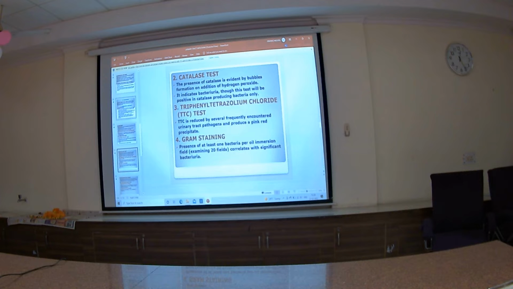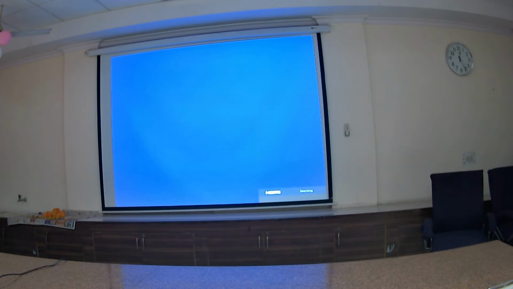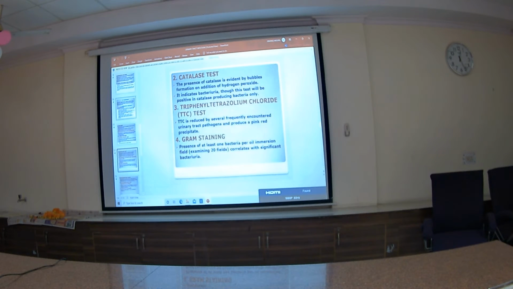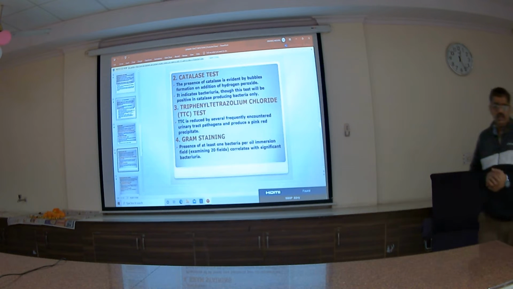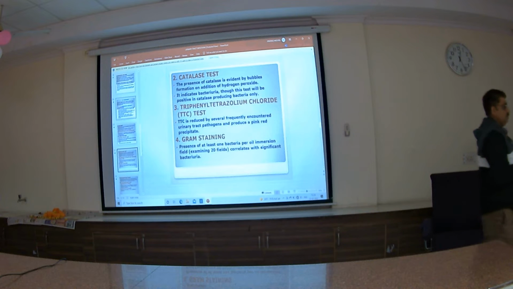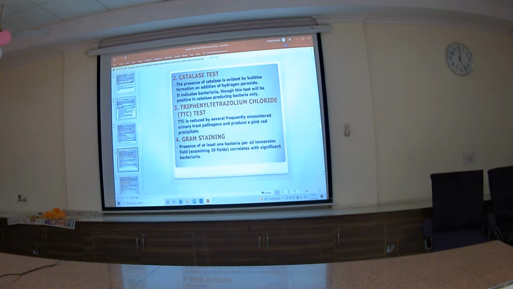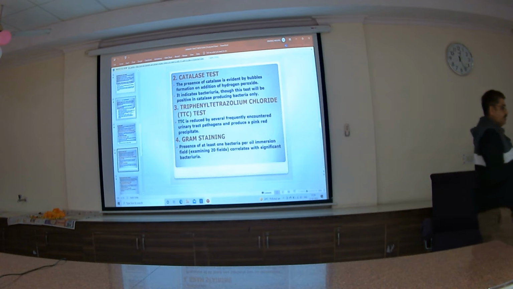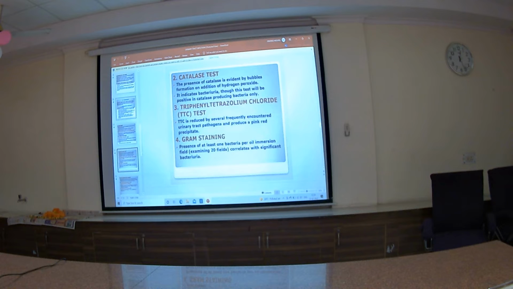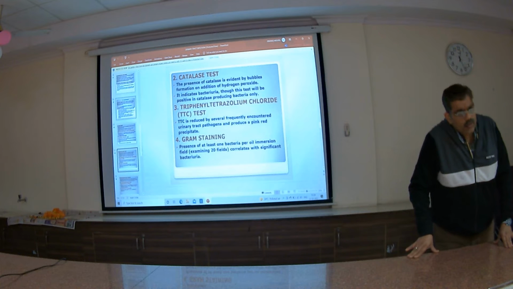Next in the category is the catalase test. The catalase, if present in urine, is evident by bubble formation, which are formed on addition of hydrogen peroxide.